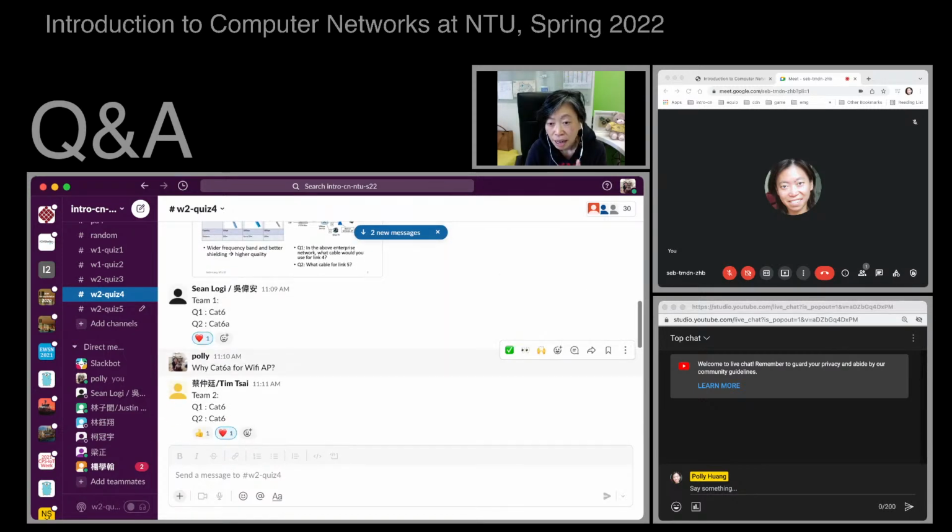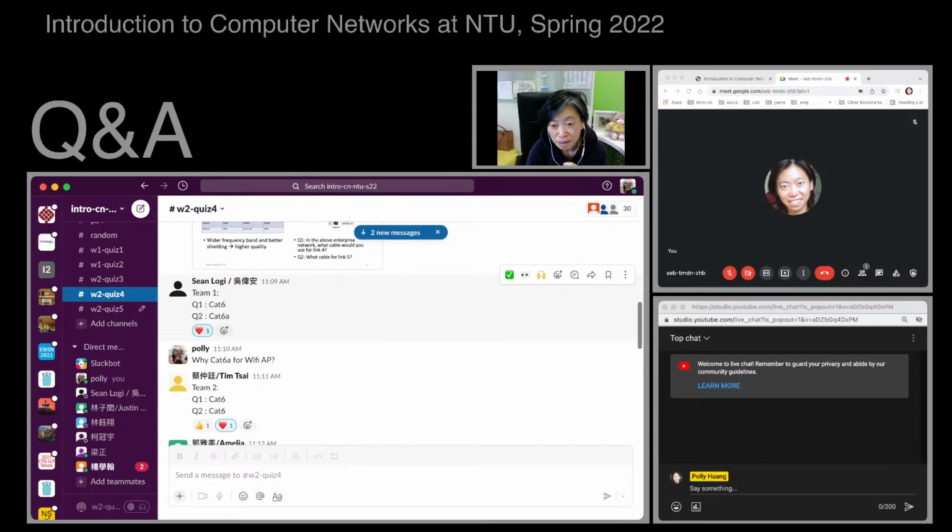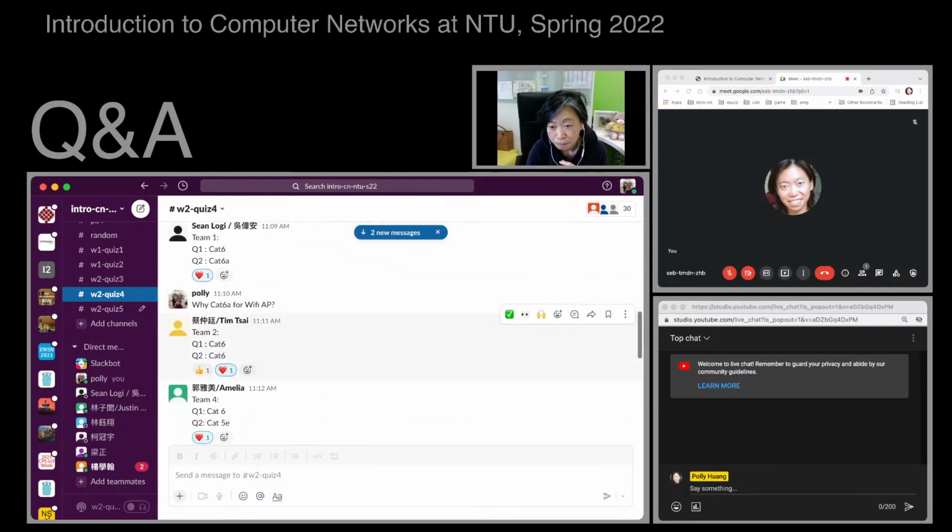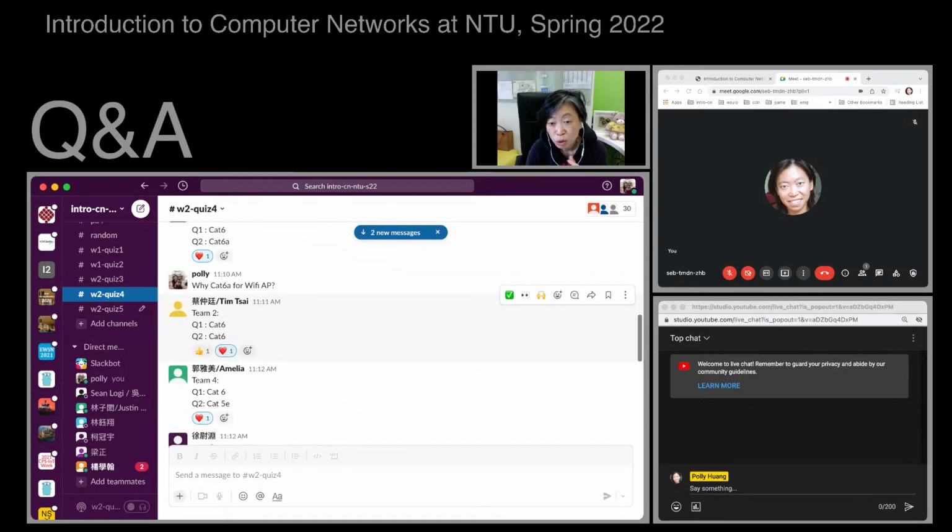Let's see. I guess Team 1 Xiang here chose Cat 6A based on similar reasons. Zhongting here, Cat 6 for the AP makes sense. Yeah, we don't move APs around all that often anyway.